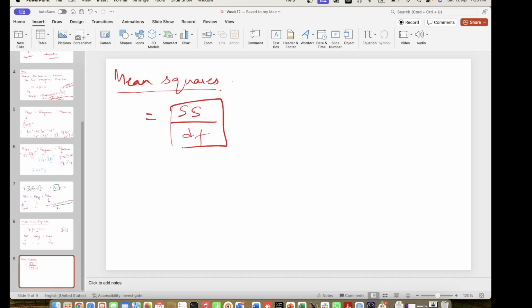So if I want to write mean square due to regression, this would be SS due to regression divided by k minus 1.